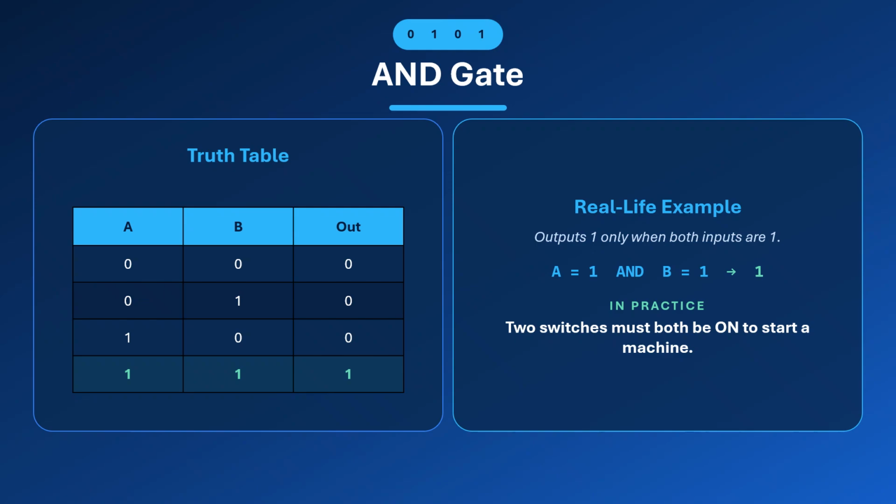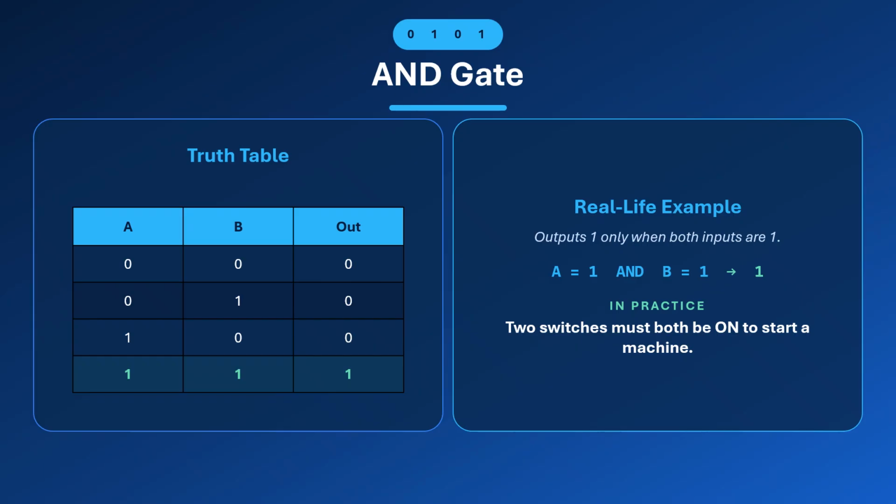If A is 0 and B is 1, output is 0. If A is 1, B is 0, output is 0. And if A is 1 and B is also 1, then output is 1. So what we understood is that if both conditions are true, then the output will be true.